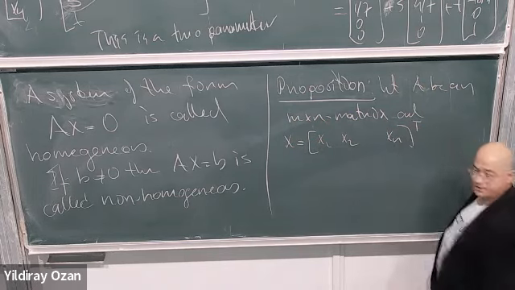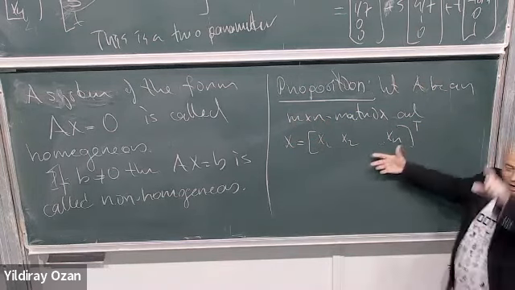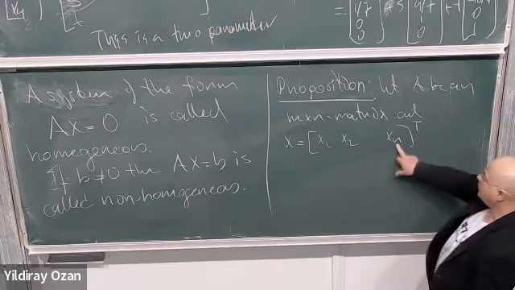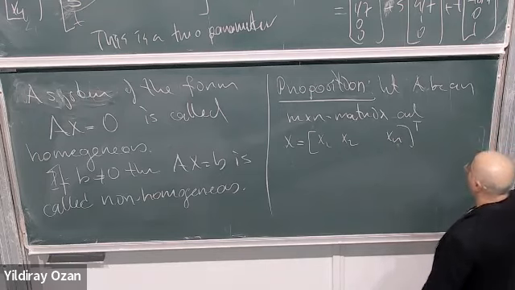Let me write it like this, the transpose of this. This is my indeterminate vector.